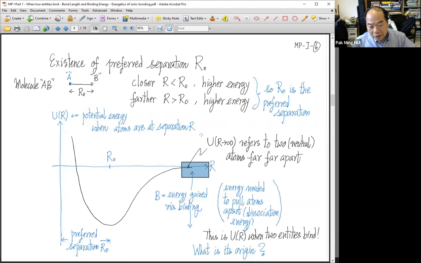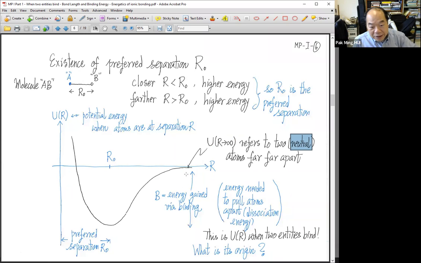This point, when R goes to infinity, actually refers to when I have A and B atoms, they are infinitely apart. Therefore, it refers to the case before any bonding is formed. In particular, for atoms, it is important to realize that it is referring to neutral atoms far apart.